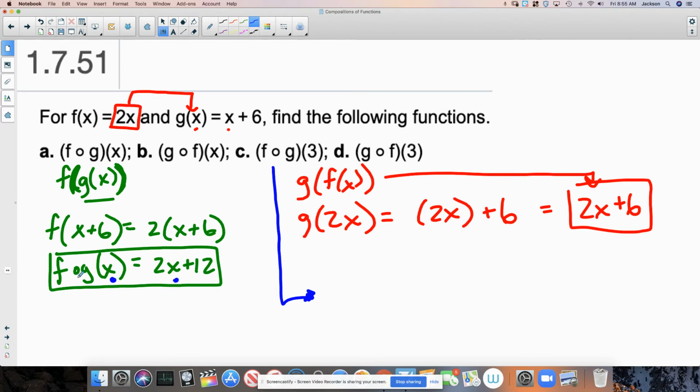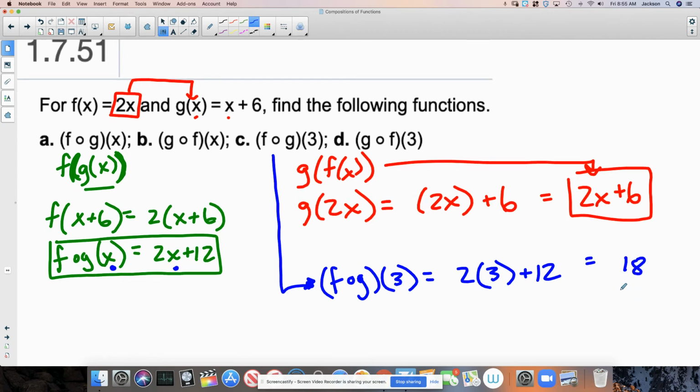So if I want to know what f of g of 3 is, all I have to do is put the 3 in for the x, as the input into this place right here. So we end up with 6 plus 12, which is 18.